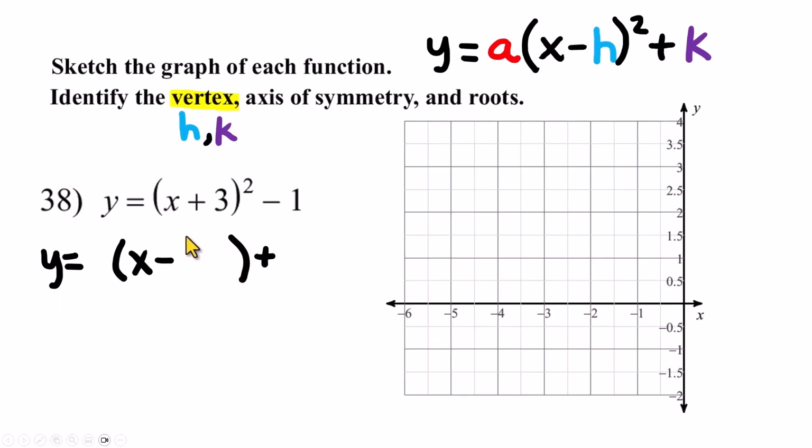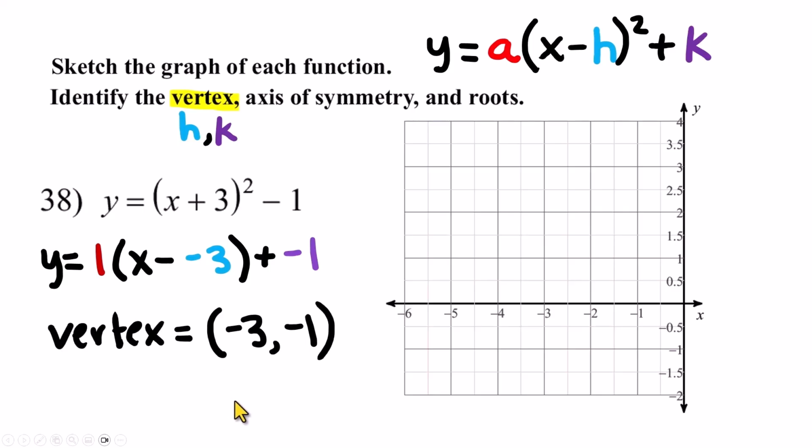So it's whatever you stick in here that's going to turn that thing into a plus 3. That has to be a negative 3 here because subtracting a negative 3 is the same thing as adding a 3. And if this is a minus 1 in the back, it means our k was also negative 1. So the vertex is negative 3, negative 1.